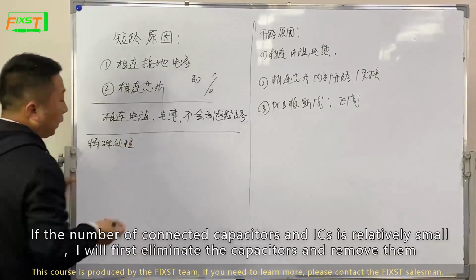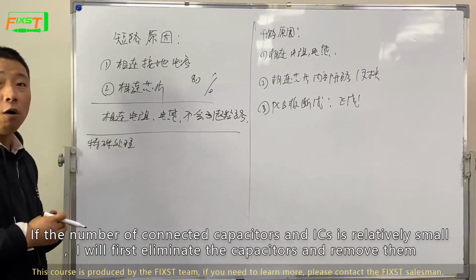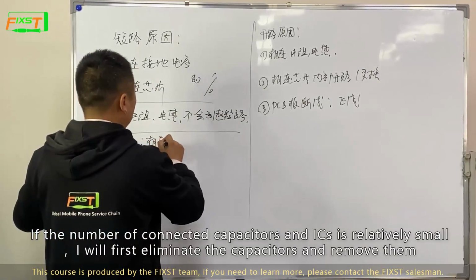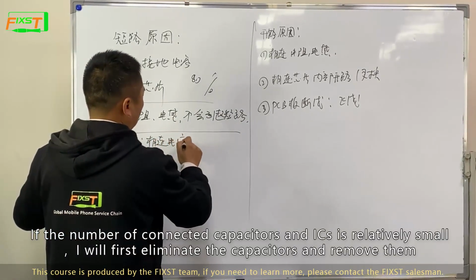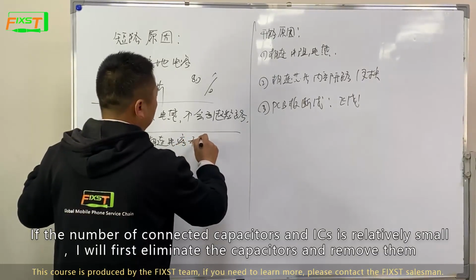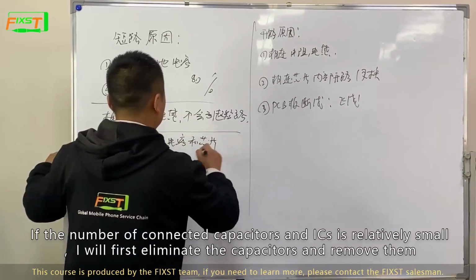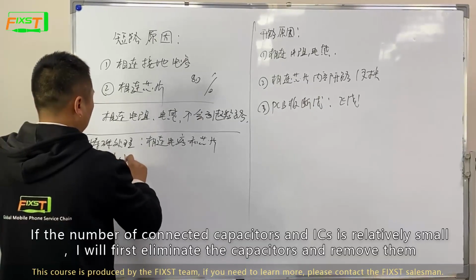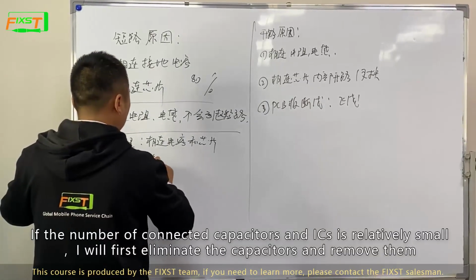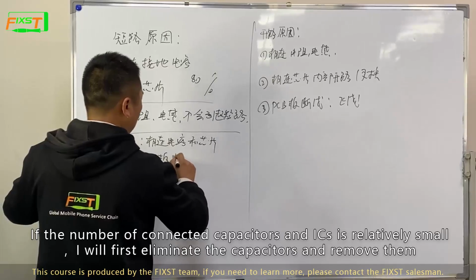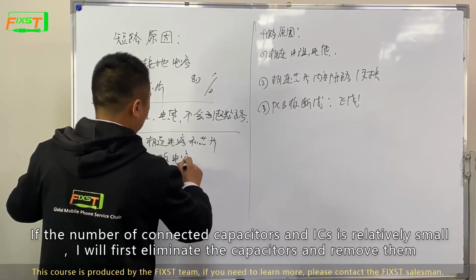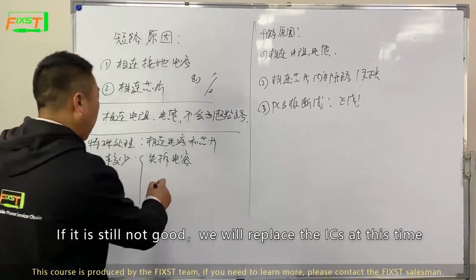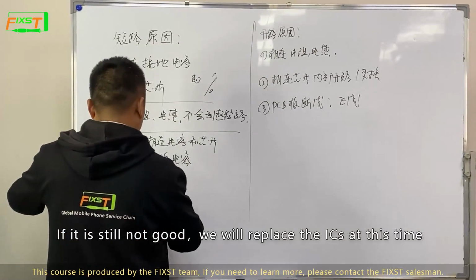If the number of connected capacitors and ICs is relatively small, I will first eliminate the capacitors and remove them. If it is still not good, we replace the IC at this time.